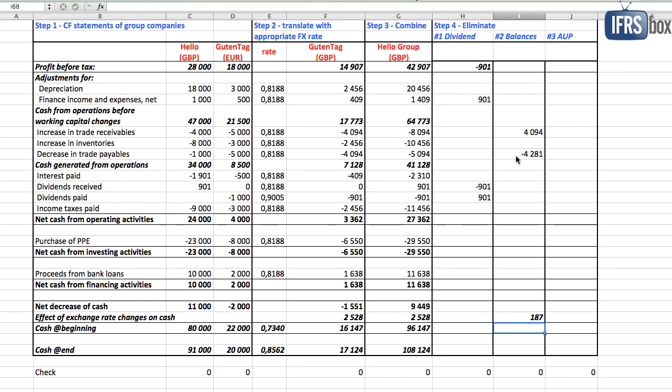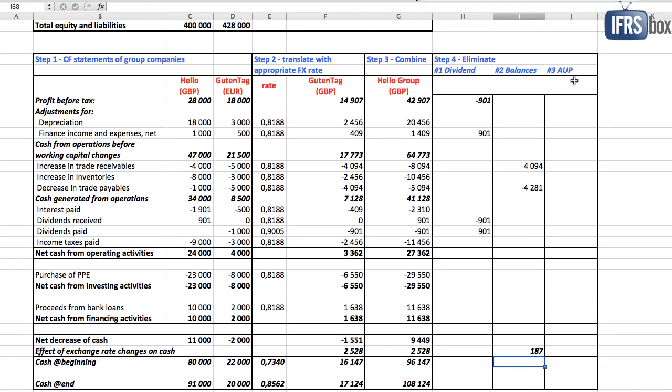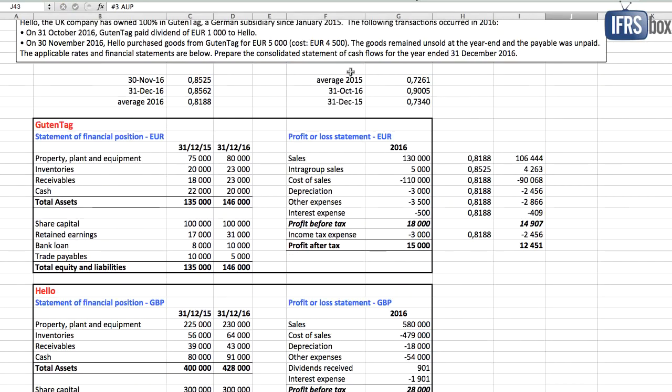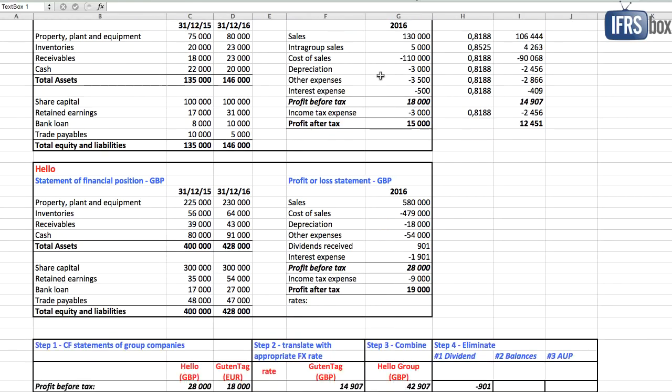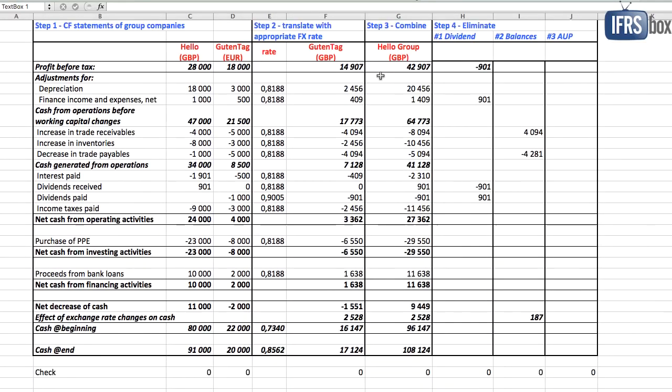Finally, let's remove the unrealized profit on inventories and its impact on the consolidated cash flow statement. Subsidiary made a profit of 500 euros, it's clear from the question. And inventories are still in Hello's warehouse, so there's no profit for the group. How do we eliminate? Subsidiary Guten Tag made a profit of 500 euros and reported it in the line profit before tax. So we need to deduct 500 euros from that line.